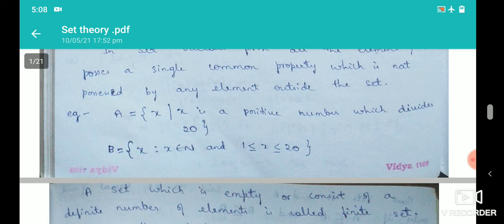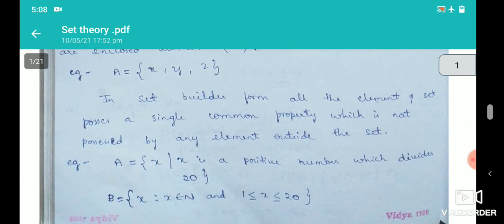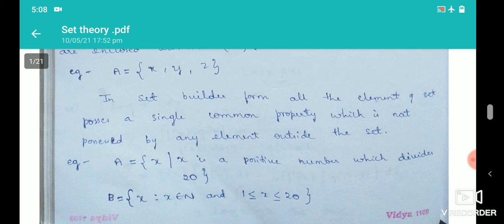Okay, B equal to... what are the numbers now? 1, 2, 3, 4, 5, 6, 7, 8, 9, 10, 11, 12, 13, 14, 15, 16, 17, 18, 19, 20. So all these elements become the set B. In the set A we have only a few numbers, that is 1.